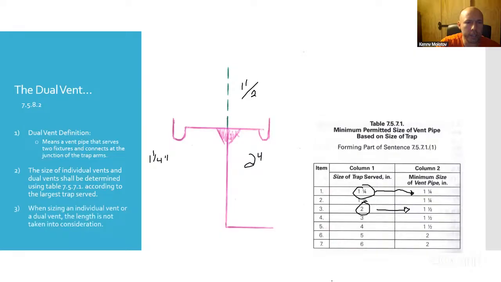So when sizing an individual vent or dual vent, the length is not taken into consideration. Okay. So the reason why they had to make that stipulation is because, like I was saying just now, a branch vent, and I'm going to just go off the top of the dome here, is the junction of two or more vent pipes, blah, blah, blah. So there's a formal definition of it.